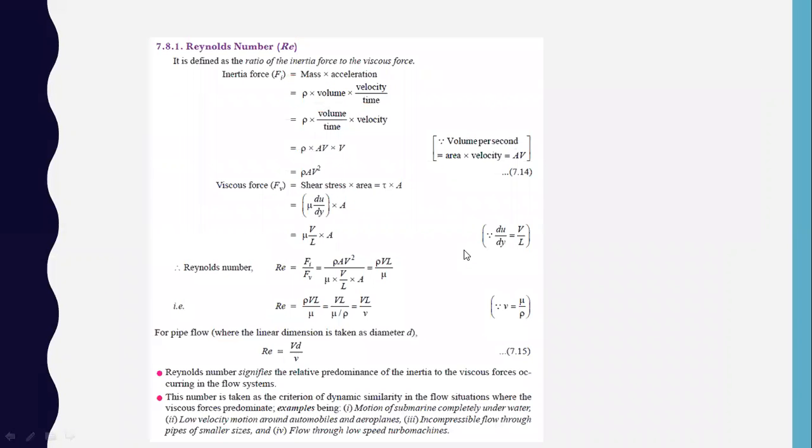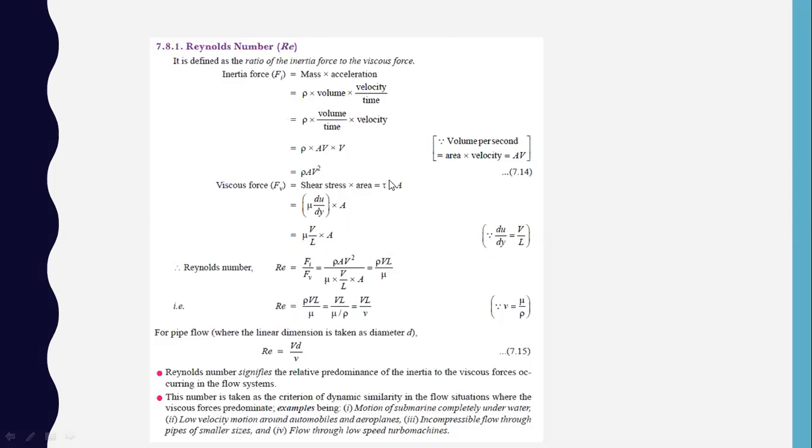First, Reynolds number. Reynolds number is defined as the ratio of the inertia force to the viscous force. To find the inertia force, that is nothing but mass into acceleration.